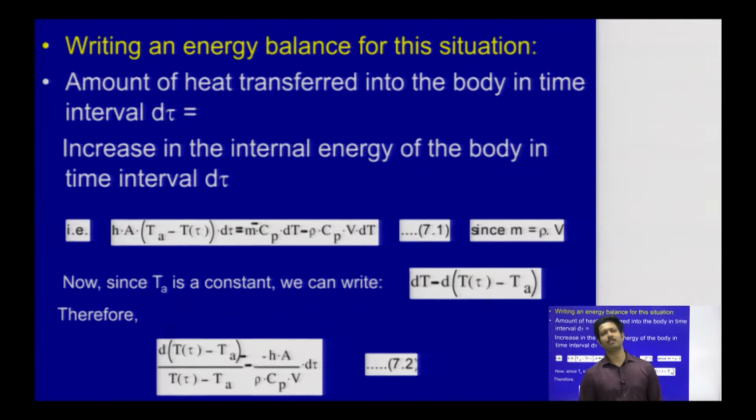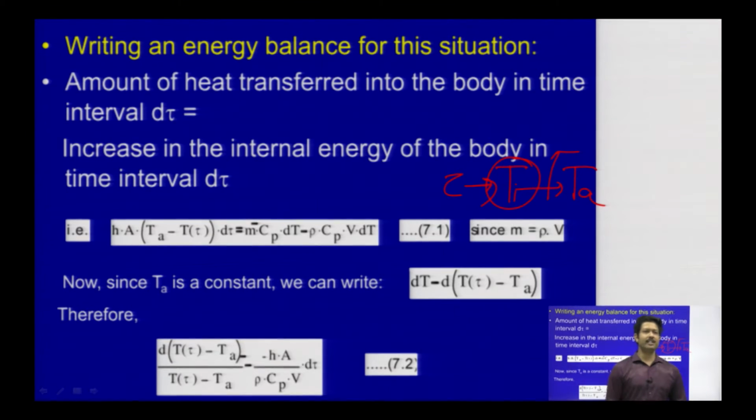Writing an energy balance for this situation: the amount of heat transferred into the body in interval d tau. d tau means the time interval, the amount of time taken for the body to cool from the temperature Ti to Ta, or for that matter any temperature in between.